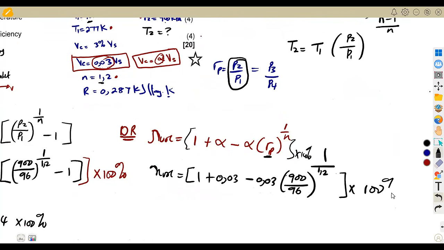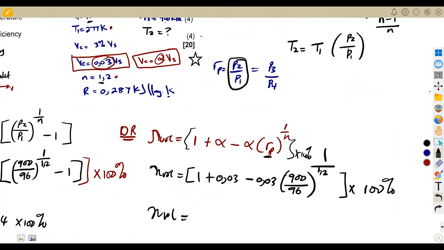So that was another way to obtain our volumetric efficiency. Sorry for that, guys. This is going to give us the same answer actually, so just use your calculator properly.